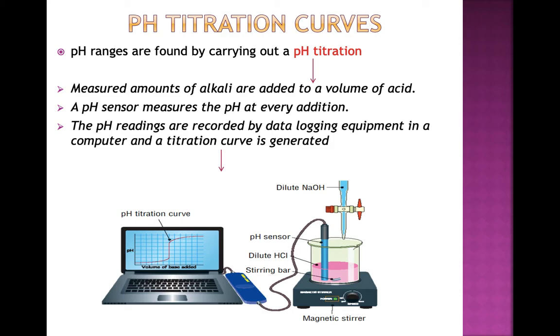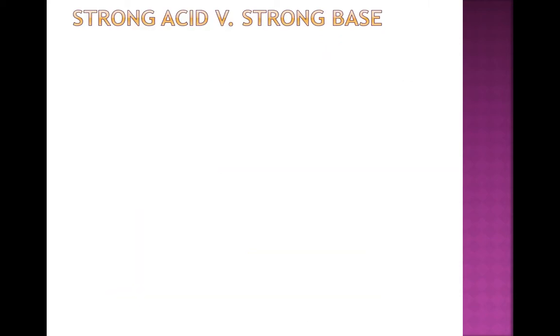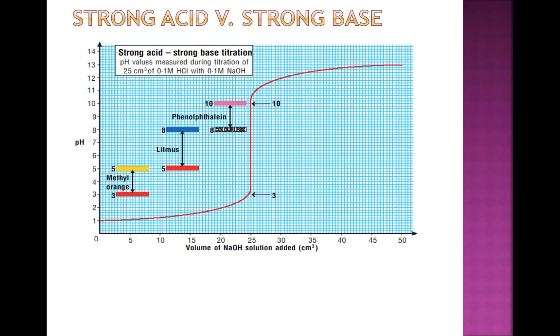Now, what do these pH titration curves look like? If you start out with a strong acid and add a strong base, for instance, hydrochloric acid with sodium hydroxide, here's the type of pH curve that you're going to get.